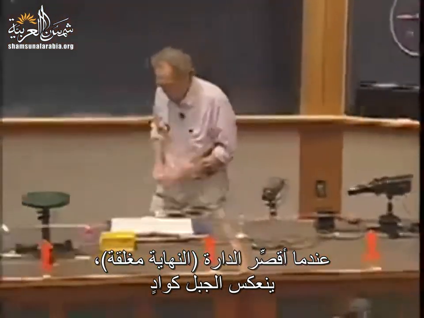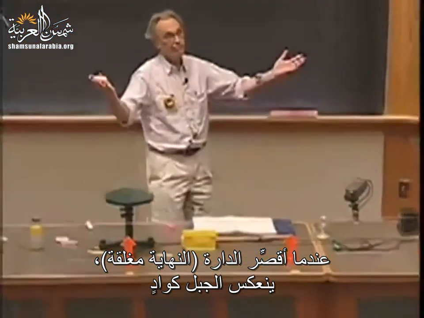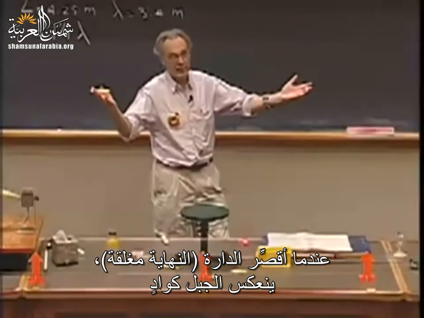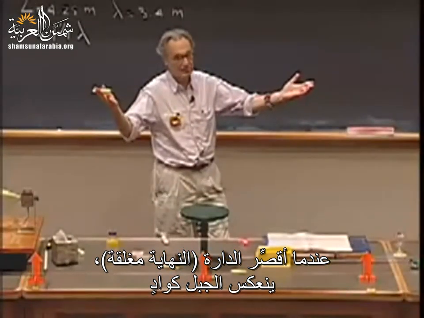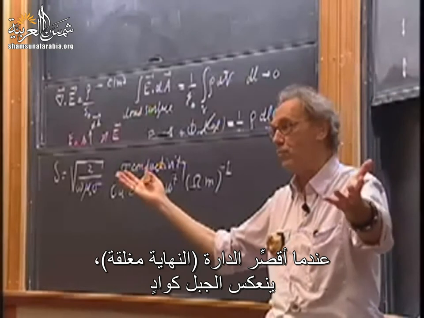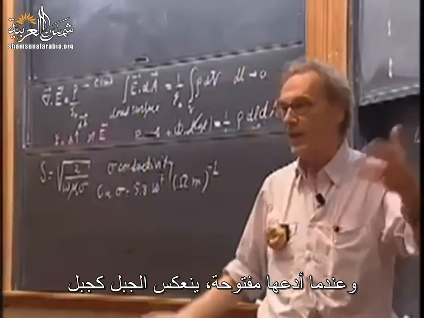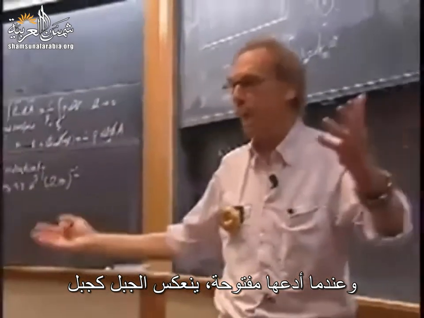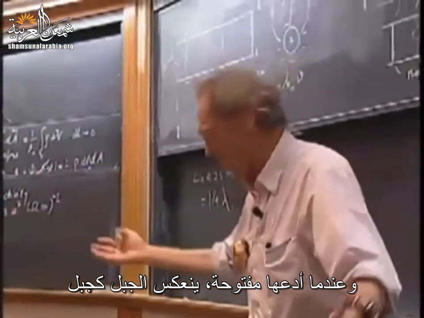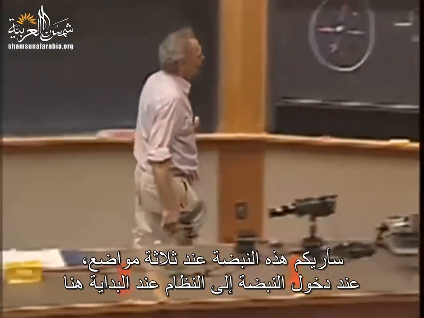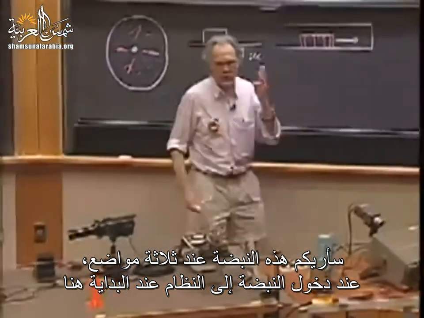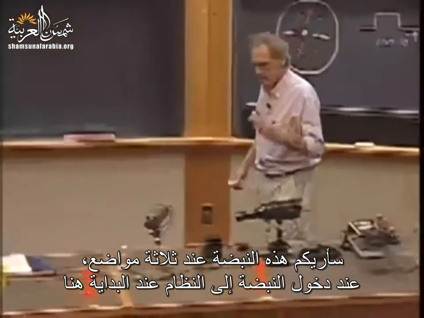And when I short it out, a mountain comes back as a valley. When I leave it open, a mountain comes back as a mountain. We're going to show you this pulse at 3 locations.